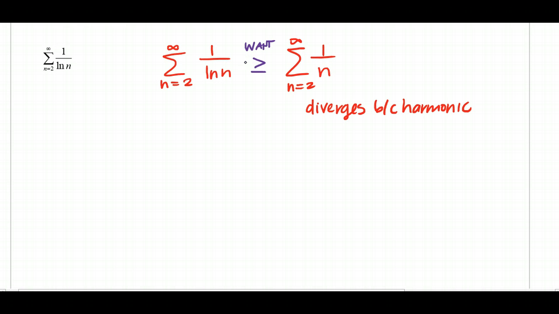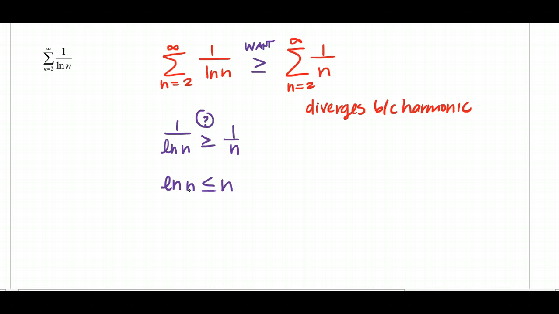So let's pull out the general terms again. We're comparing 1 over the natural log of n to 1 over n, and we're asking ourselves, is 1 over ln n greater than or equal to 1 over n? Again, this is the same as comparing whether the natural log of n in the denominator would be less than or equal to n, in order for this original inequality to hold.